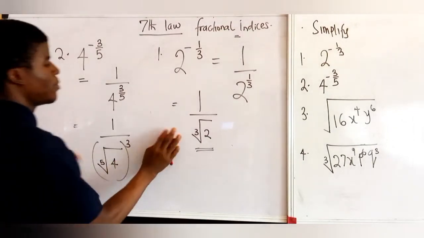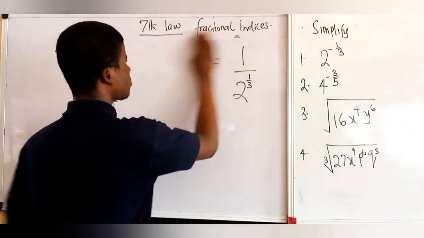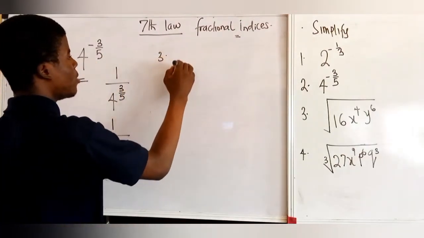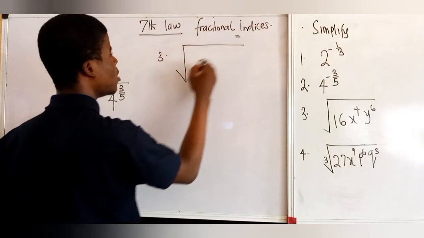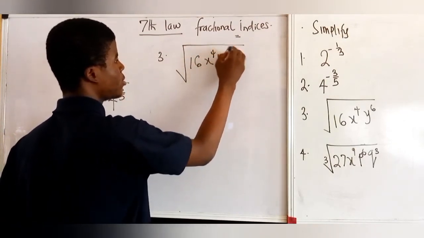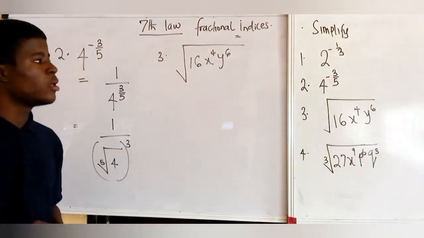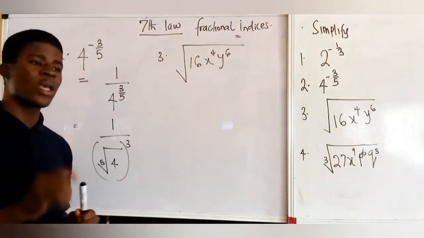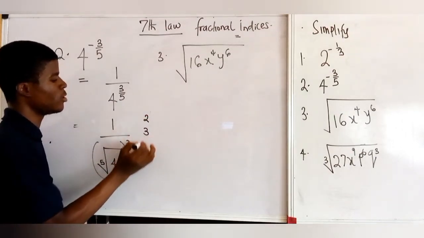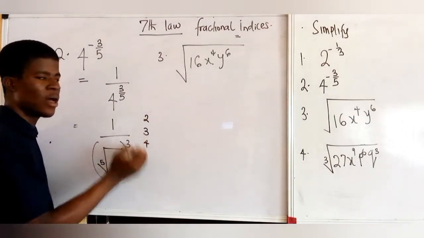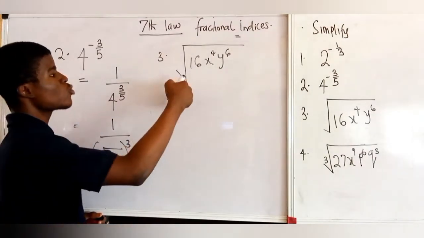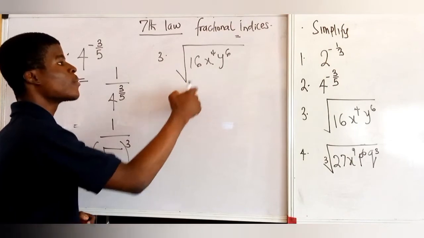Question 3. Let's approach question 3. The square root of 16x to the power of 4, y to the power of 6. It's simple. When we talk about square root, we're talking about number 2, cube root number 3, fourth root number 4, and it goes that way. So now, the square root of 16 is 4.